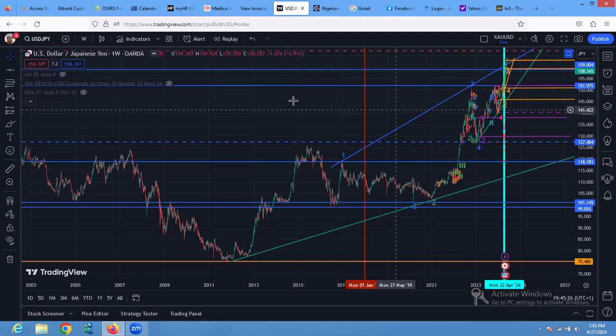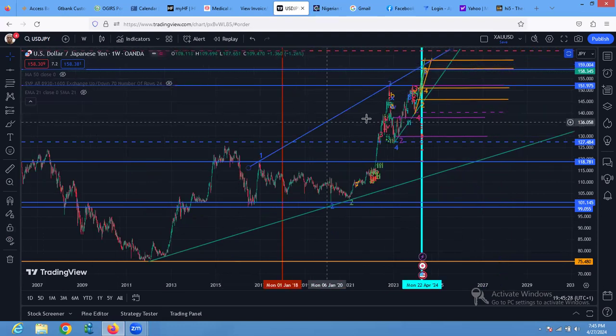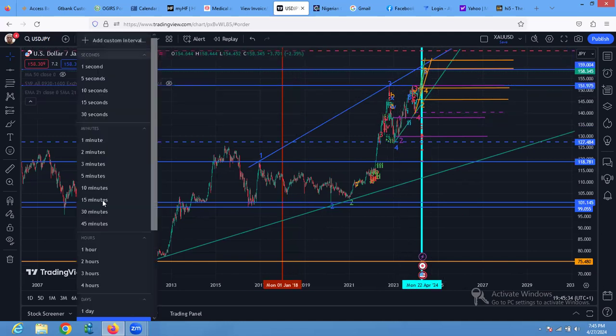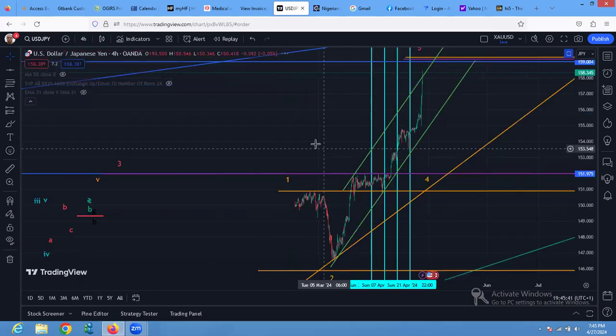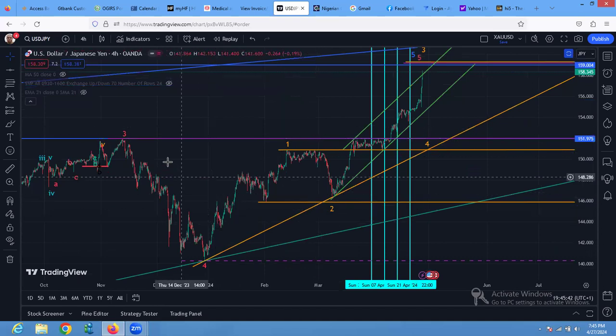But again, switching to this particular last wave of 5, to look at the internal structure of that 5, let's look at our 4-hour time frame. Now, switching there, we now know this is 3 and this is 4.